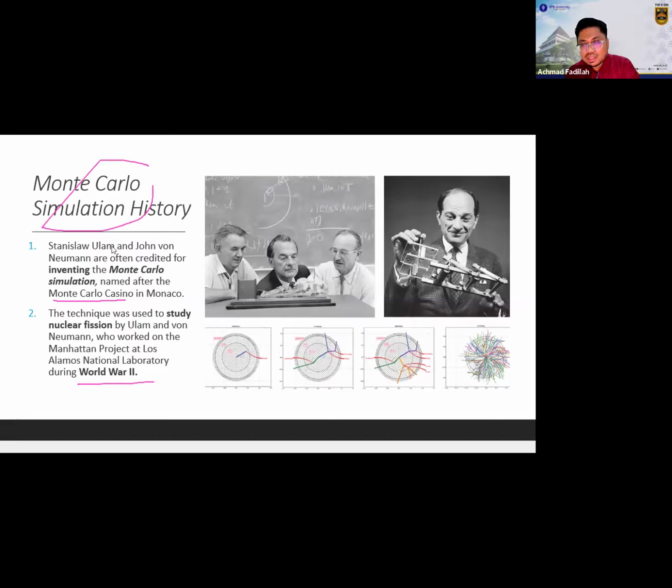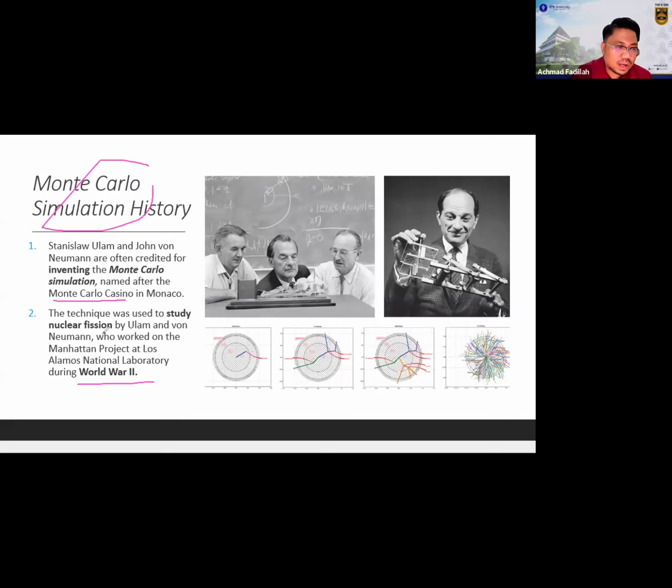But nowadays it is widely used in business sectors, like I said, and in the financial sector, to simulate real-world situations with many probabilities. That's the history of the Monte Carlo simulation.